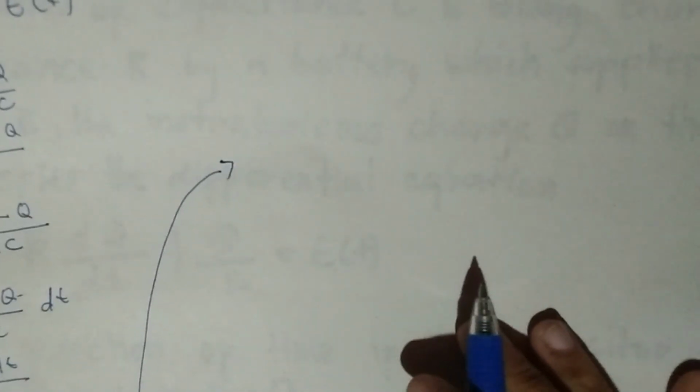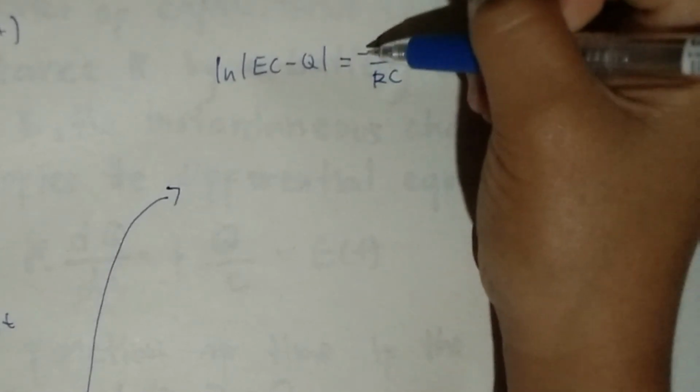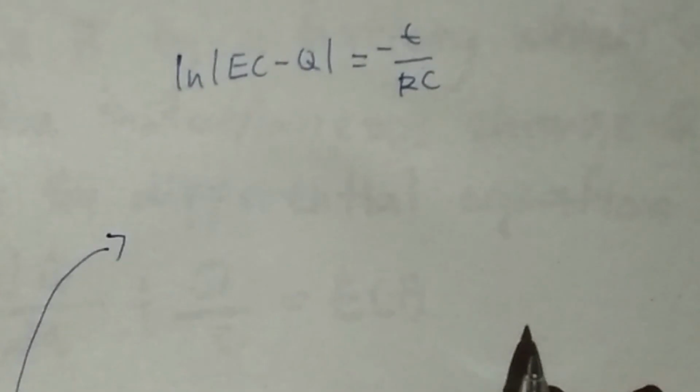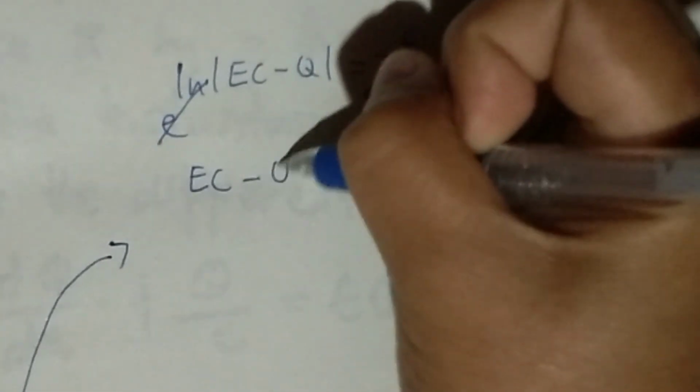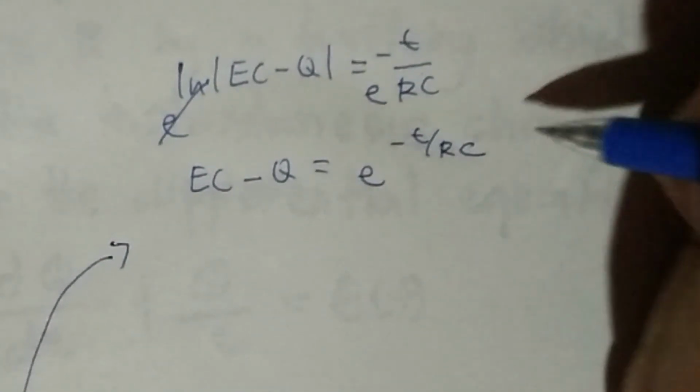So let's continue here. That will be ln of EC minus q is equal to negative t over RC, since we multiplied it by negative. So we will then raise it to e here, so this will be cancelled. We will have EC minus q is equal to e raised to negative t over RC.